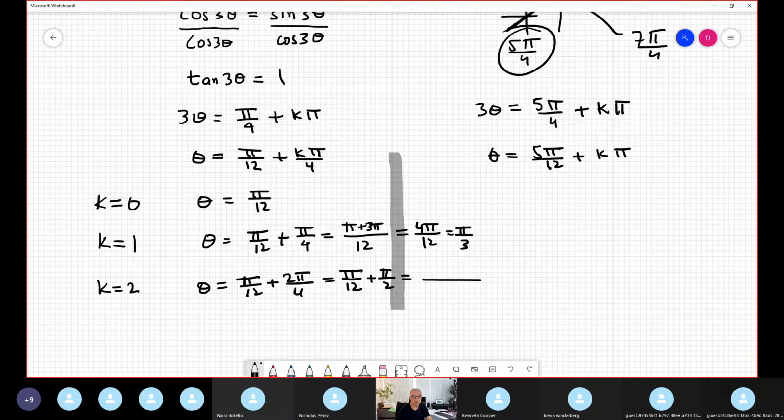So LCD is 12, it's pi plus 6 pi, is 7 pi over 12. K equals 3 is 7 pi over 12, 3 pi over 4.